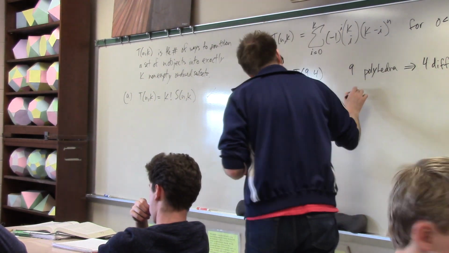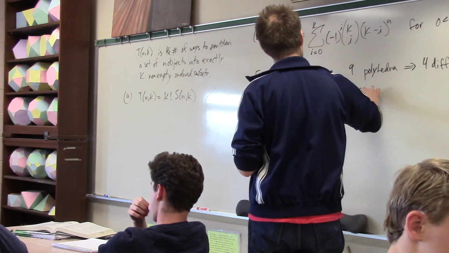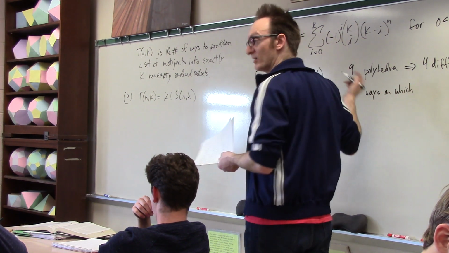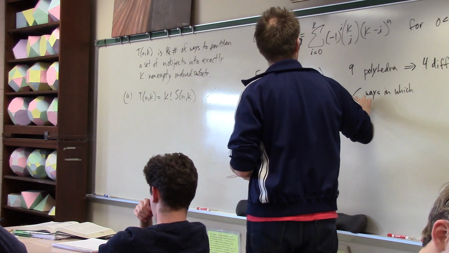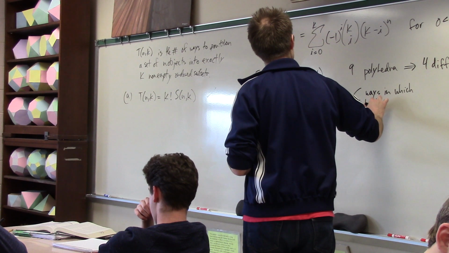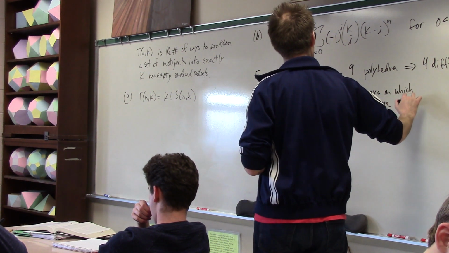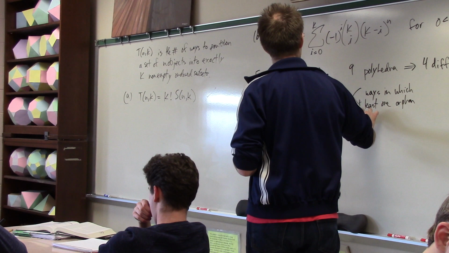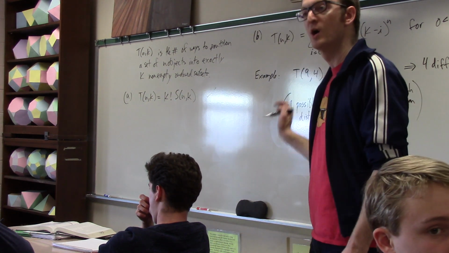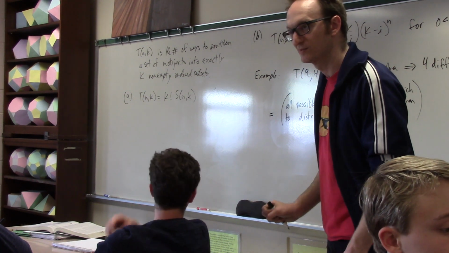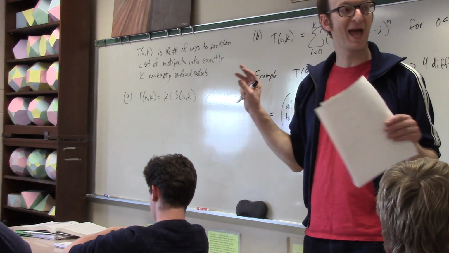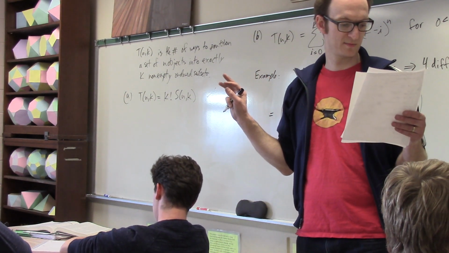So let's subtract the ways in which at least one orphanage gets no polyhedra.